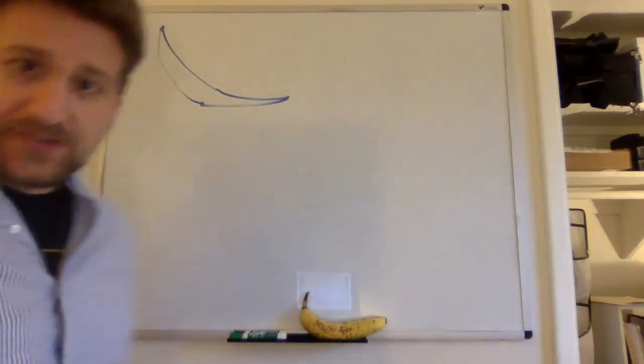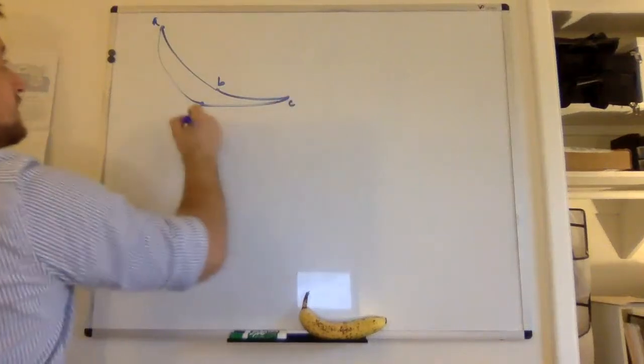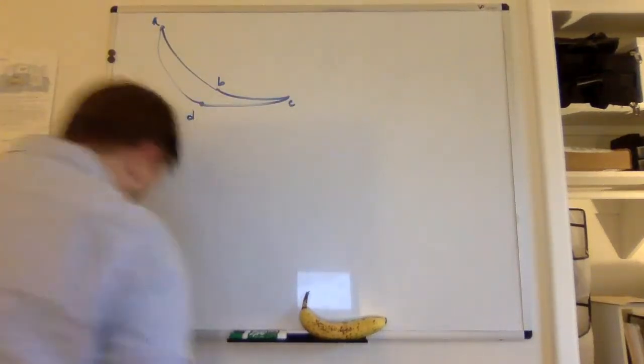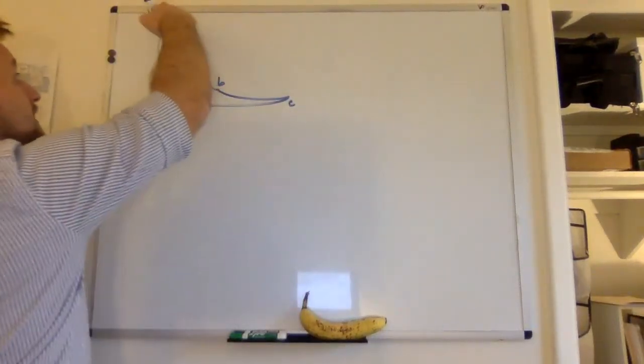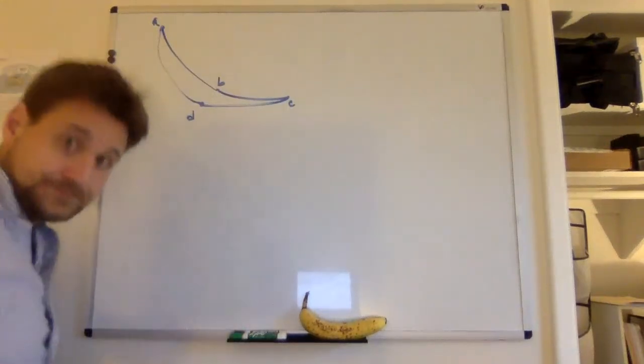And if we look back at the slide, kind of looks like a banana, actually. If we look back to the slide, A, B, okay. Point A, point B, point C, point D. The transition from A to B is an isothermal process.